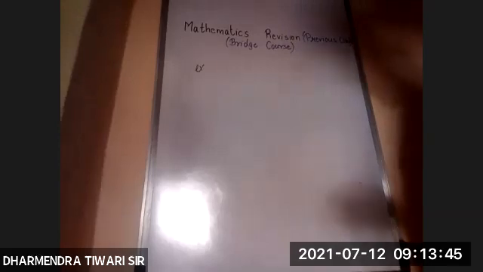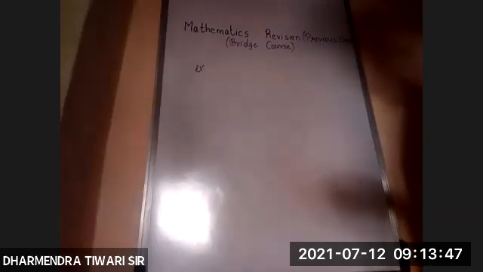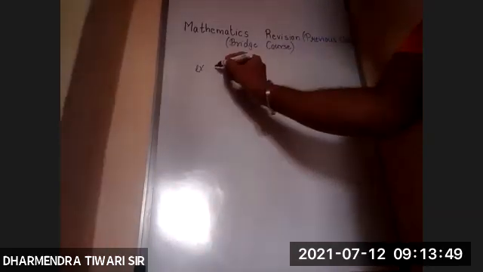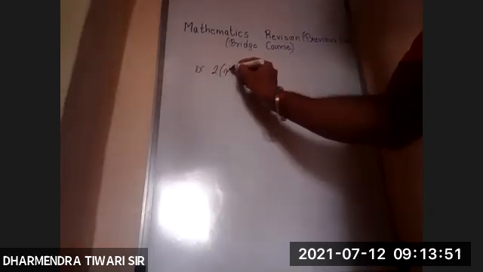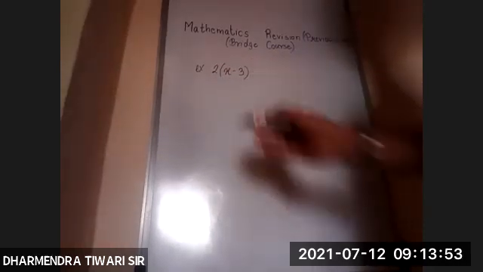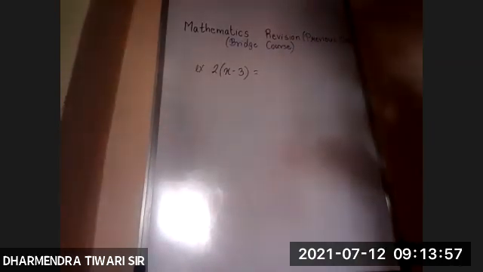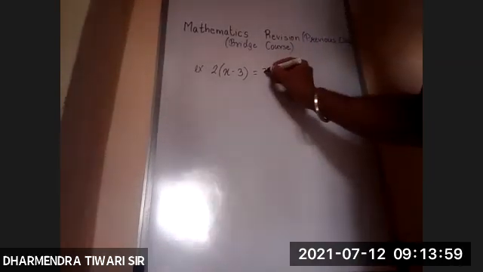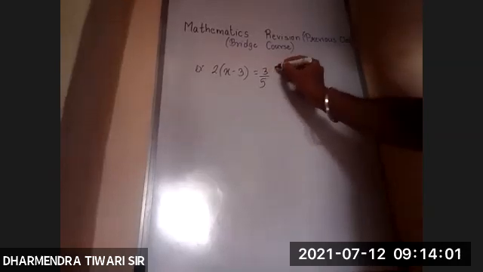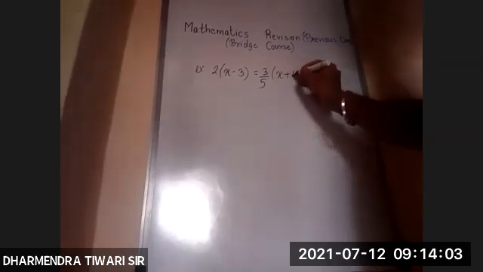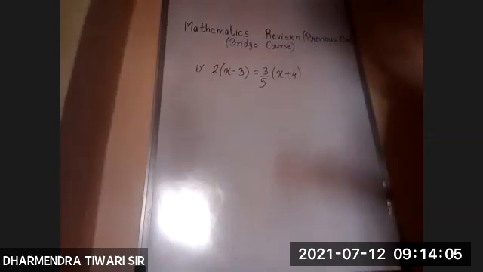First example: solve the equation 2 into (x minus 3) is equal to 3 by 5 into (x plus 4).